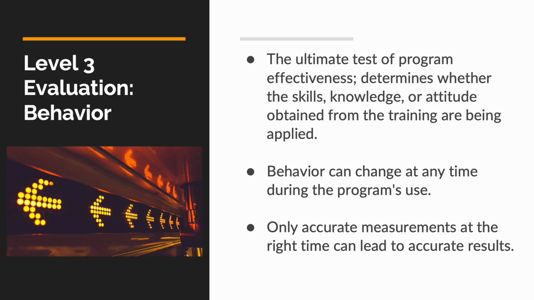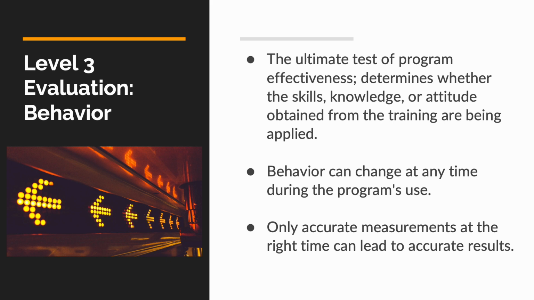Level 3 is evaluation of behavior by the users. It's considered to be the ultimate test of program effectiveness. The reason for this is because behavior is difficult to change. So in evaluation of behavior, we are looking to see if skills, knowledge, or attitude has changed based on the training.